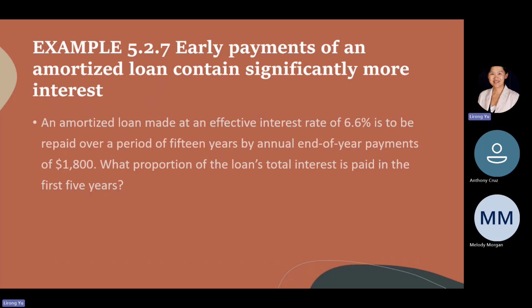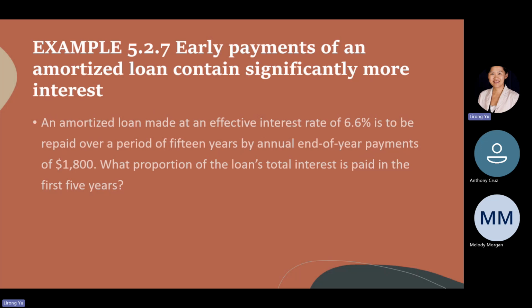All right, so the next example in this section talks about how early payments of an amortized loan contain significantly more interest. Here it says you have an amortized loan made at an effective interest rate of 6.6%, to be repaid over a period of 15 years by annual end-of-year payments of 1,800. What proportion of the loan's total interest is paid in the first 5 years?